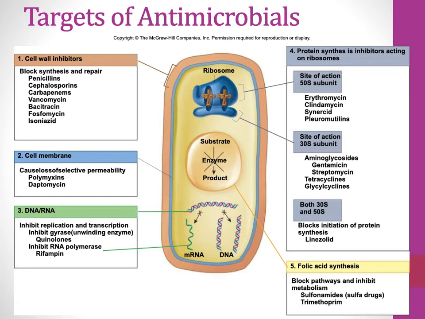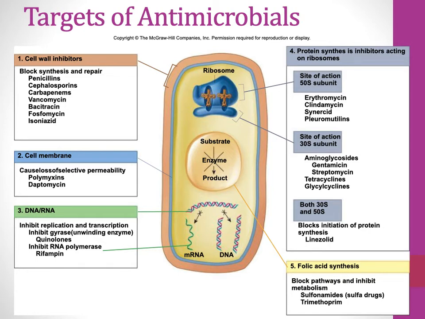So looking at nucleic acid synthesis, that's also required for the cell to divide, but also to make proteins. And so we can affect the ability of the bacteria to produce nucleic acids and put them together to form DNA or to form RNA. So inhibition of replication and also transcription, being the DNA to RNA.